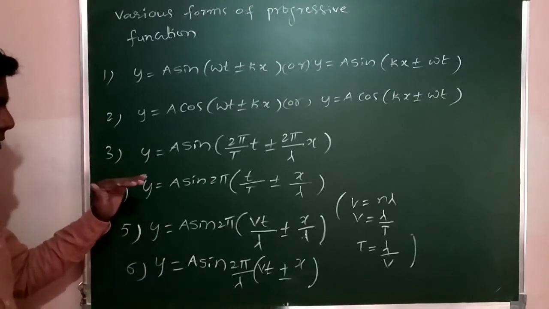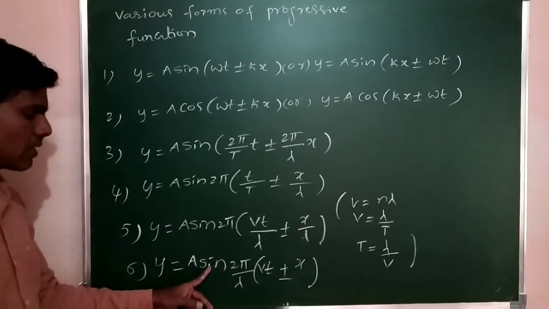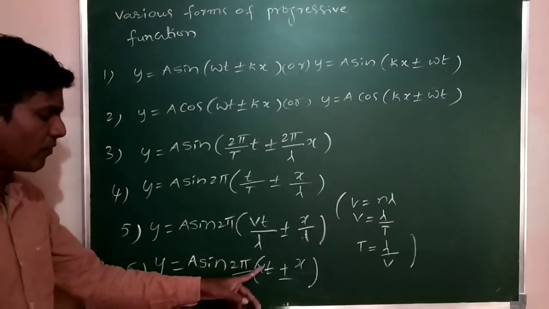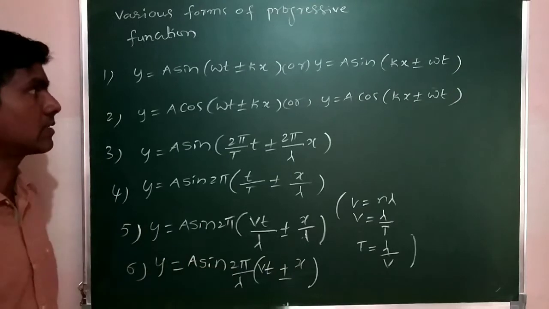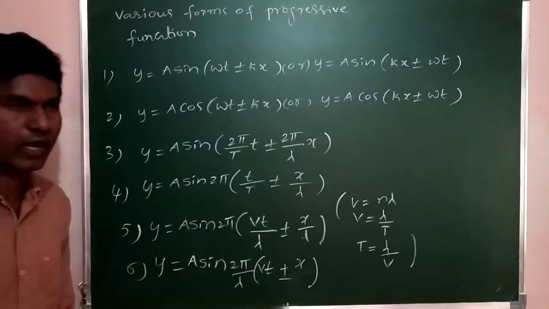So also we can write it as y equal to a sine 2 pi by lambda of vt plus or minus x. It is one of the types of progressive wave function.